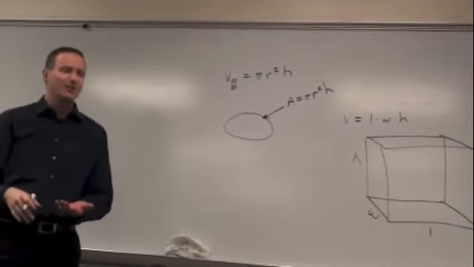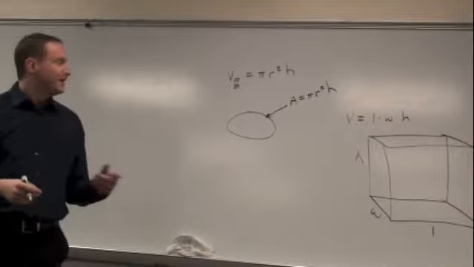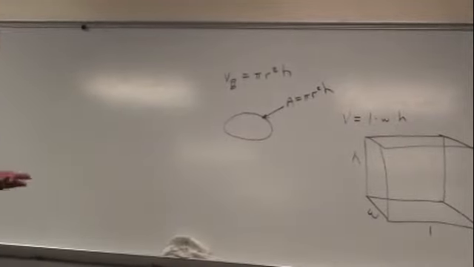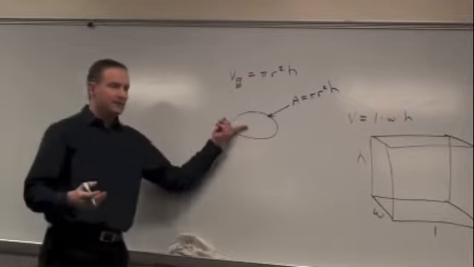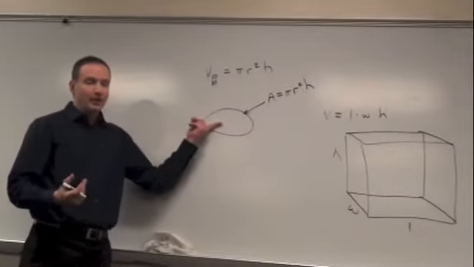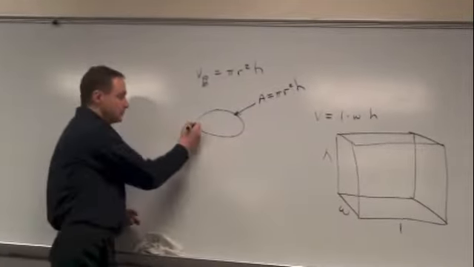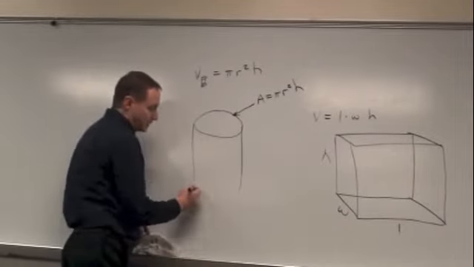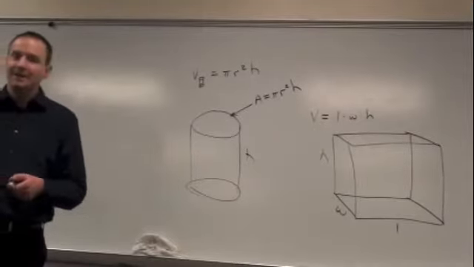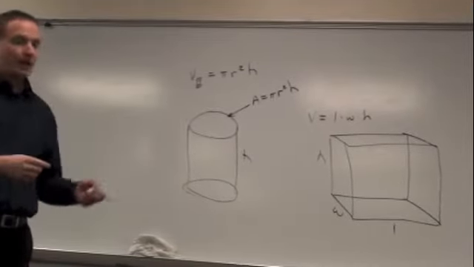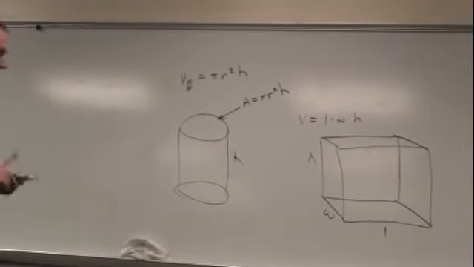Sorry, I said cone, I mean cylinder. If I took the face apart, it'd look like this. Then how do I go from that to the volume formula? You just multiply by whatever the height of the object is, so you get pi r squared h. That same logic is going to be used in our problems. Let me show you what I mean.